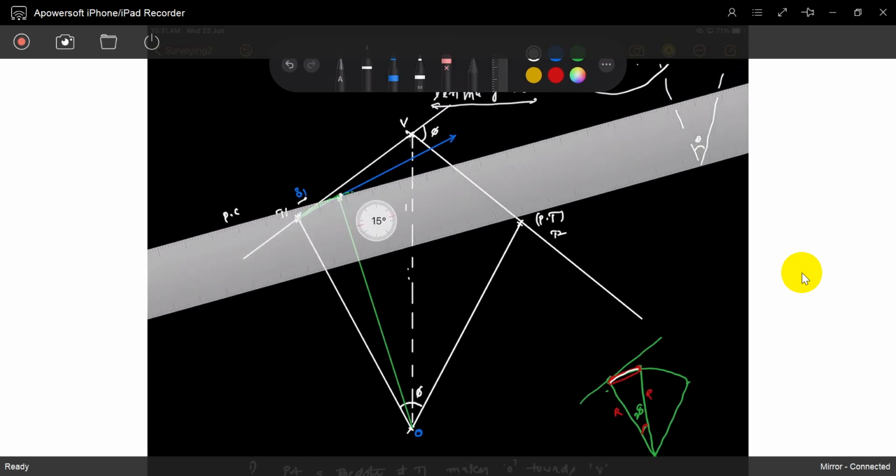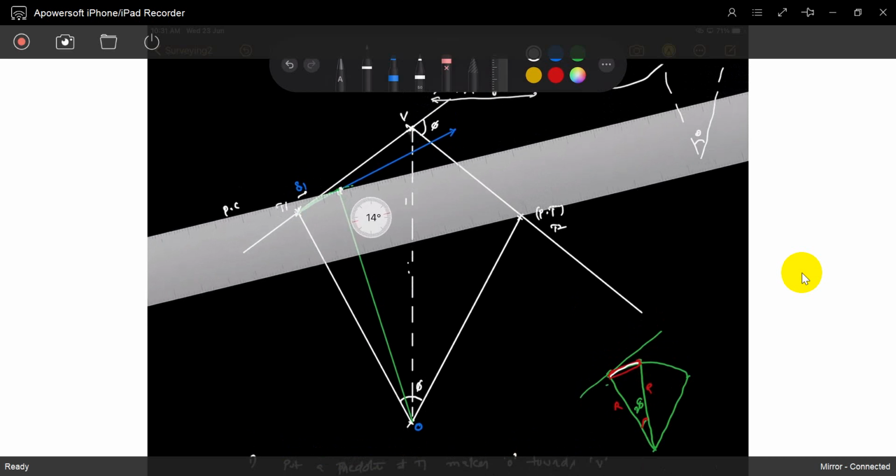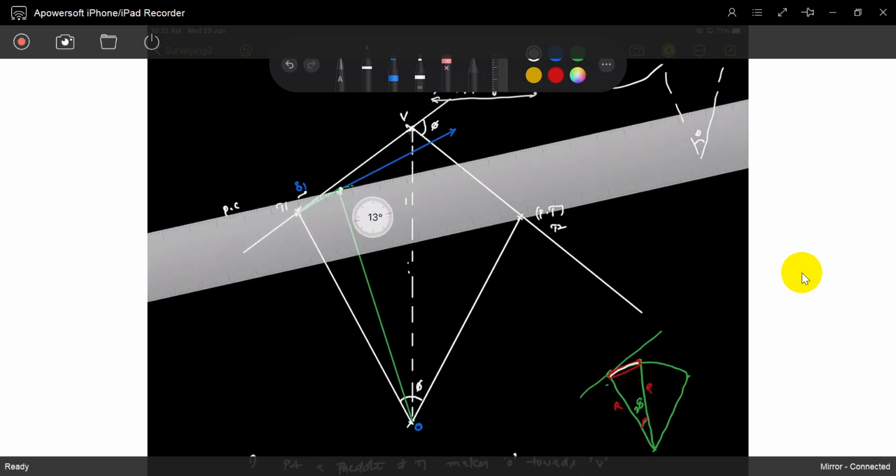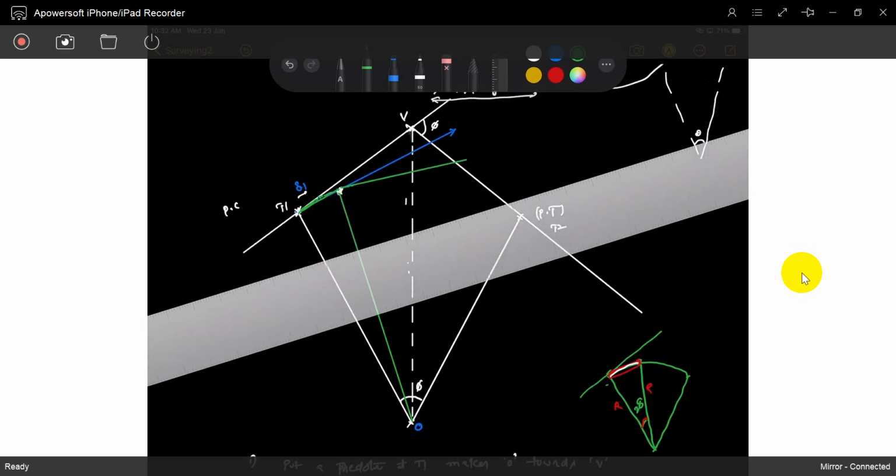So you take another delta, the same delta value. From this first point to the second point, from this second point you take another delta. Another delta, once again.